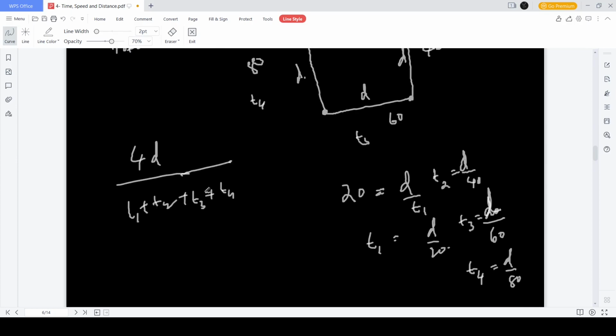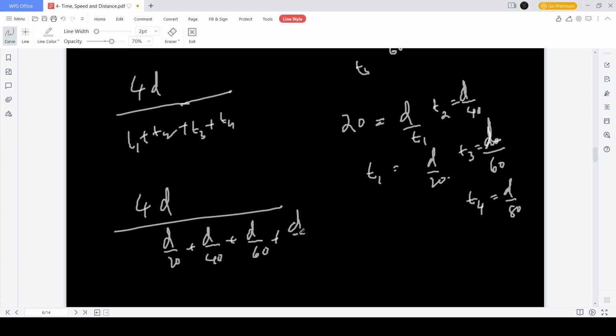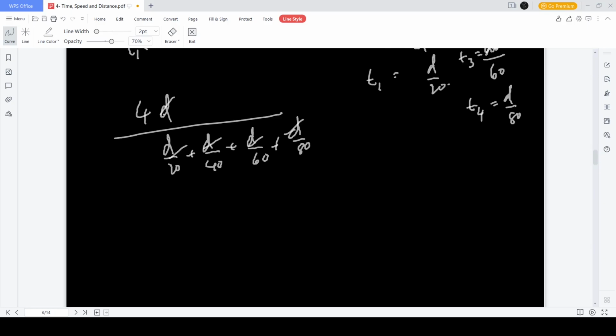Next, we substitute everything into the average speed formula: 4d by (d by 20 plus d by 40 plus d by 60 plus d by 80). The d can cancel everywhere, and the common denominator becomes 240.